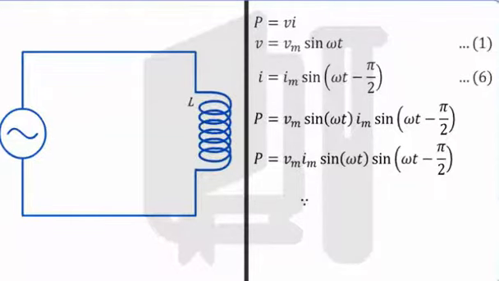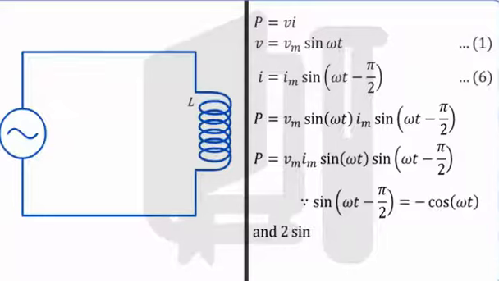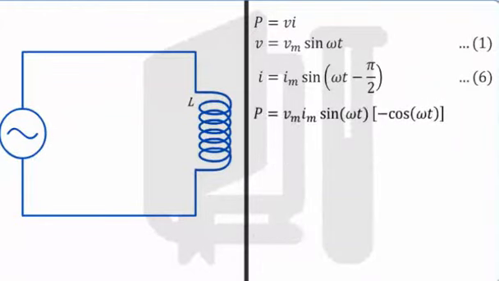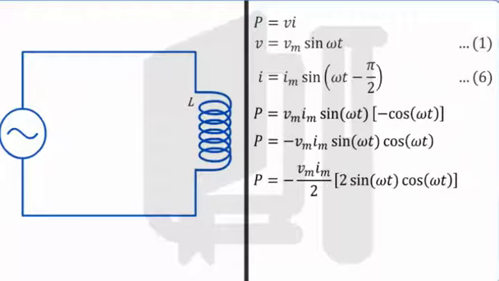As sine omega t minus pi by 2 equals minus cos omega t, and 2 times sine omega t into cos omega t is equal to sine 2 omega t, we get power P equal to minus Vm Im by 2 into sine 2 omega t as shown. Let this be equation 7.